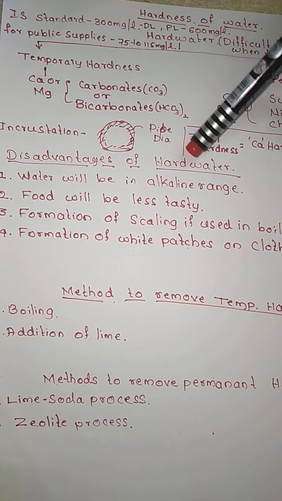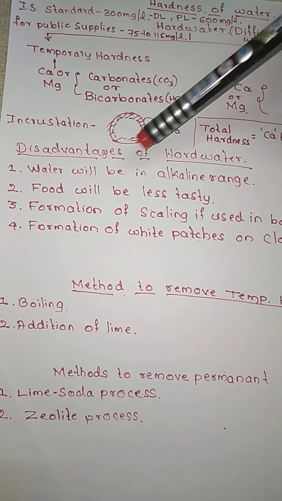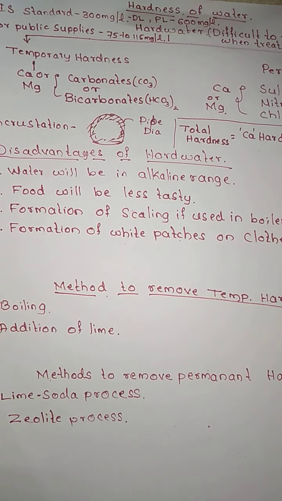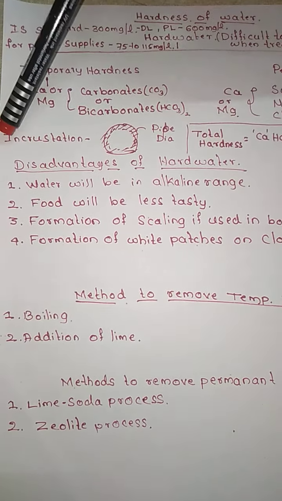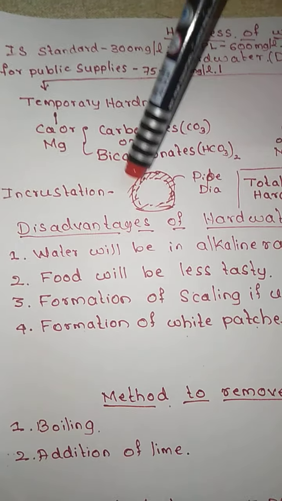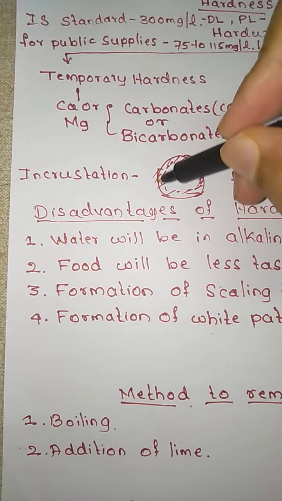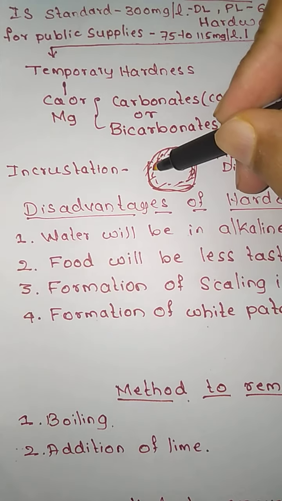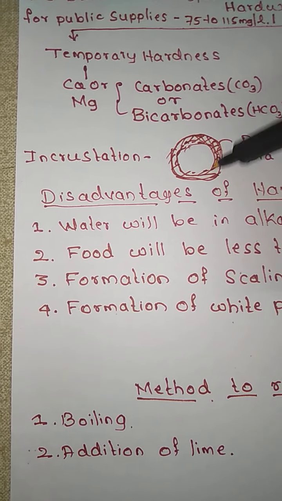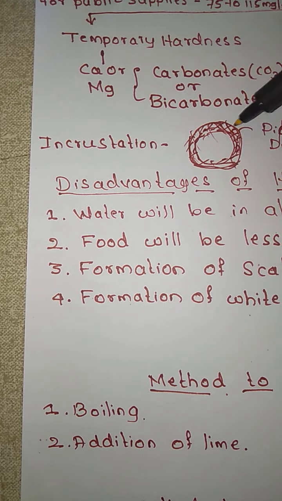So this hard water is going to have many different kinds of problems other than this. One more problem with this hard water is incrustation. Now what is incrustation? If the hard water flows through the pipe continuously, the calcium and magnesium along with the different salts are going to form scale.